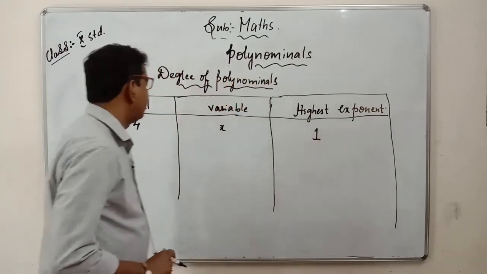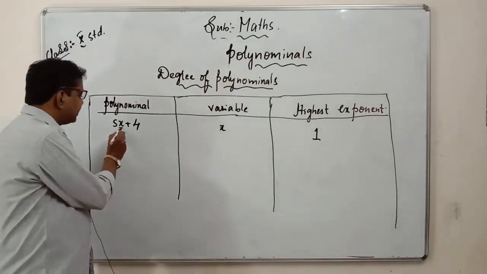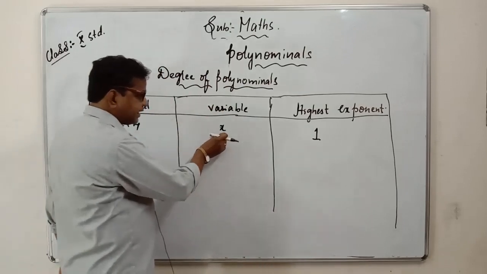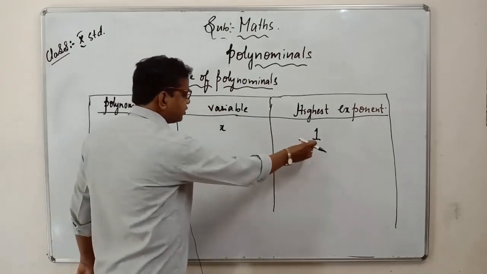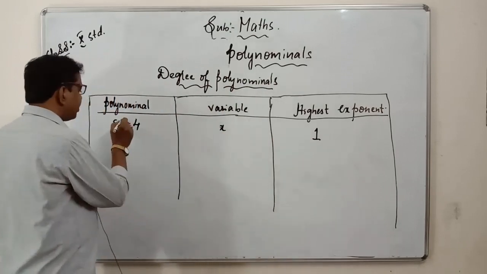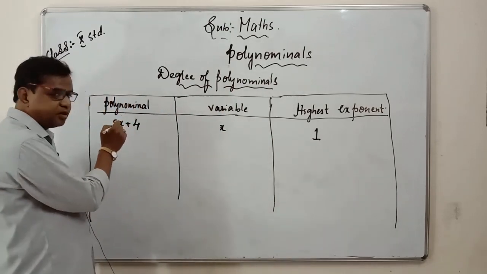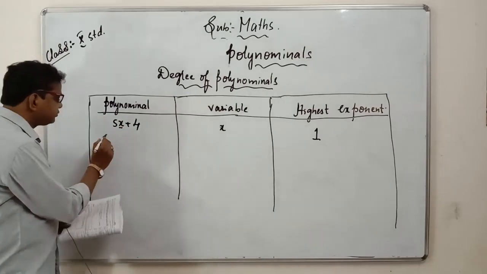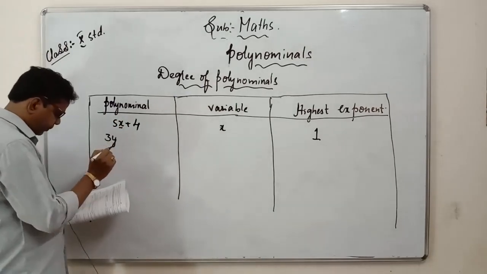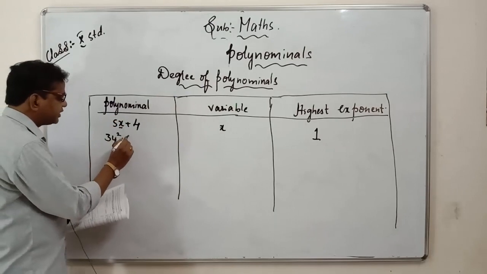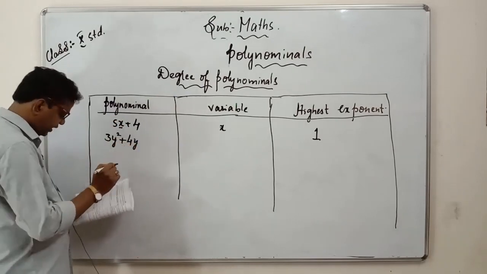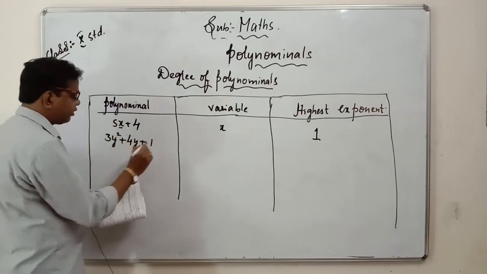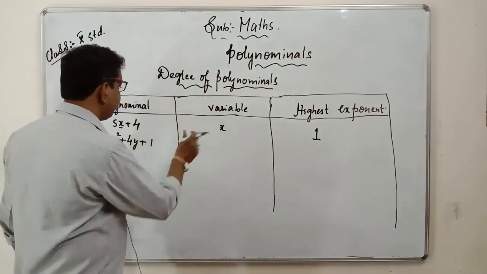See, the variable is x here, so we write the variable as x, and the highest exponent is 1. x to the power of nothing gives the meaning that it is 1. And we have the second one, 3y square plus 4y plus 1. So which is the variable now here?